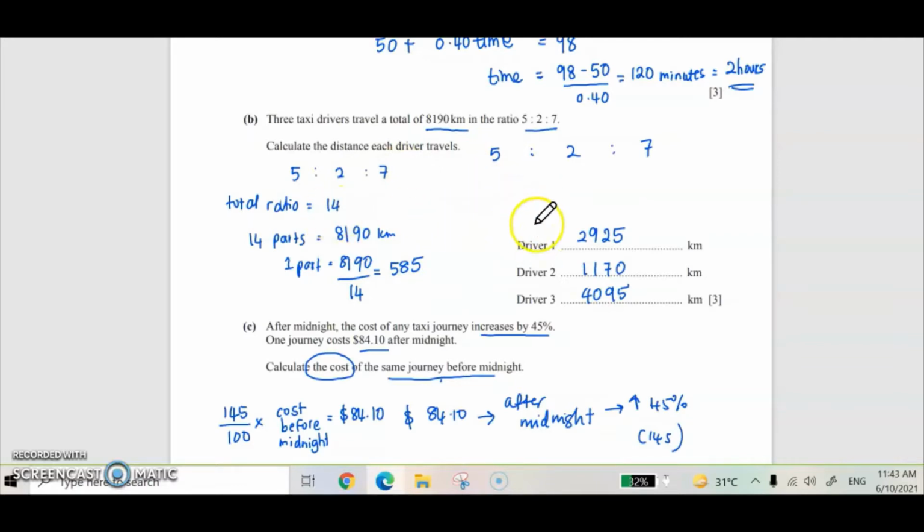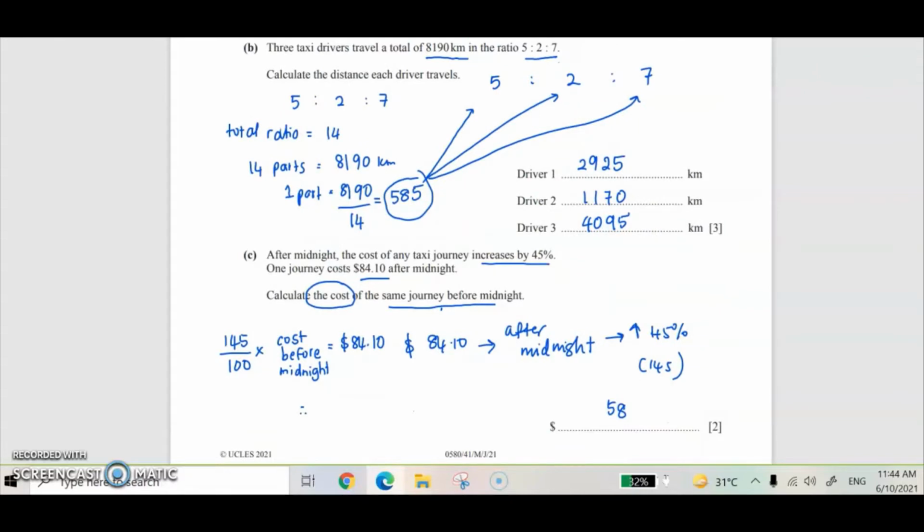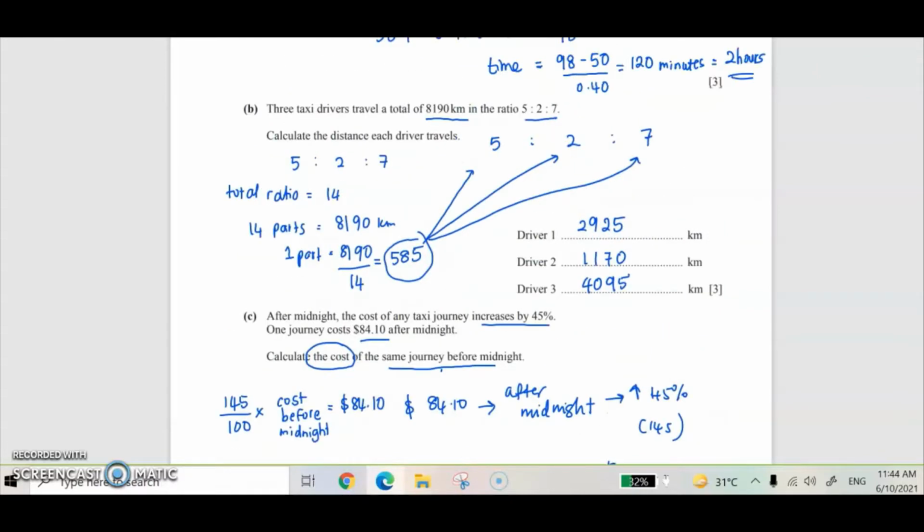So to calculate for each driver, we take 1 part of the ratio and then we multiply for each ratio here, which means that we will get the total distance for each driver. Okay, driver 1 is 2,925, driver 2 1,170, and the driver 3 is 4,095 kilometers.